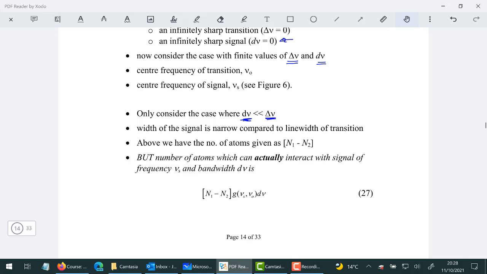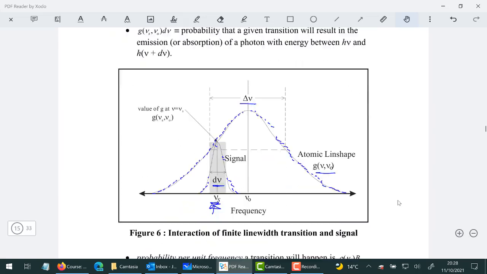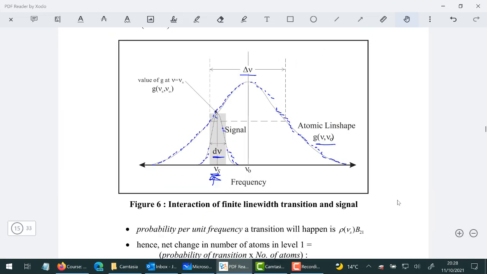Now, in the equation that we have here in 26, the rate of change of the number of atoms in level 1 depends on n1 minus n2. But the number of atoms that can actually interact with this signal is not just n1 minus n2.